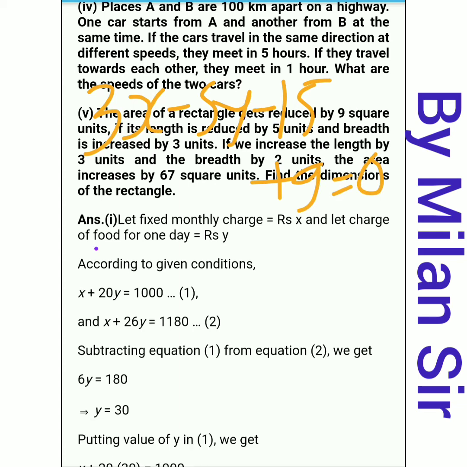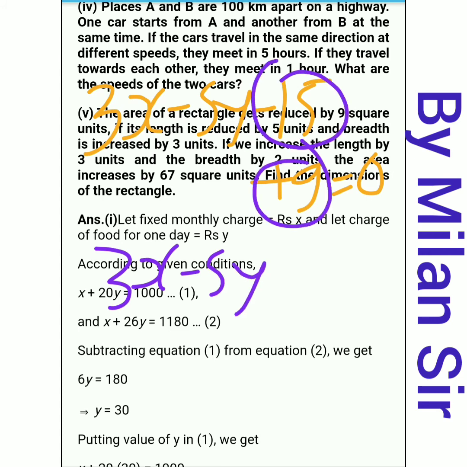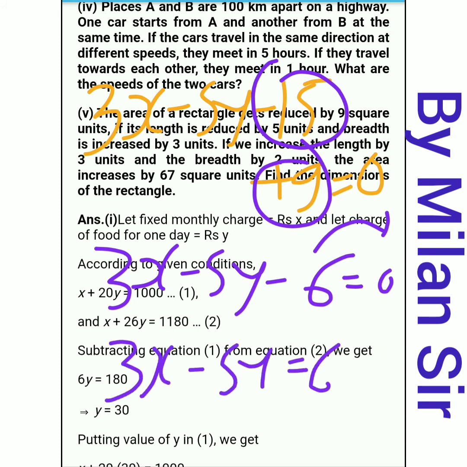So now 3x minus 5y, here minus 15 plus 9, which is minus 6, equals 0. Now transferring this minus 6 to the right hand side, it becomes plus 6. So 3x minus 5y equals 6. But instead of that, you can directly transfer this minus 15 to the right hand side, so we directly get 6.